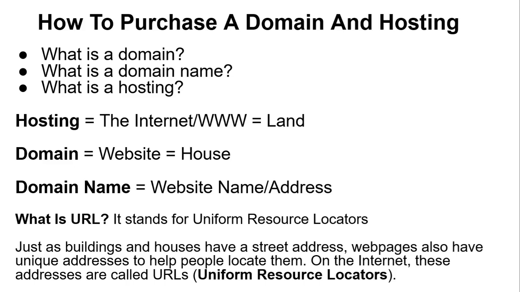A domain name has another name, which is called the URL, which means Uniform Resource Locator. Just like you have buildings and houses, thank God I used that to demonstrate, you have buildings and houses that have a street address. So web pages also have unique addresses to help people locate them.